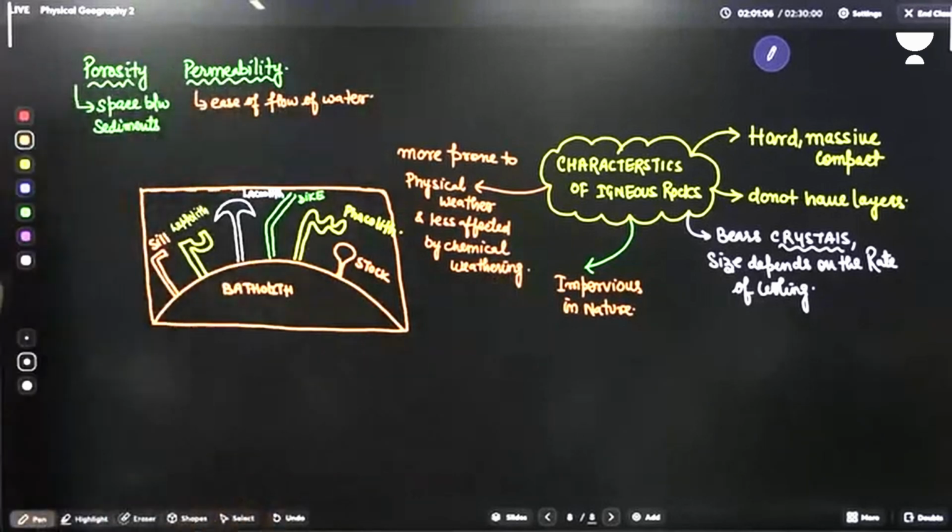So if anyone asks you, igneous rocks are not at all affected by chemical weathering, is that statement correct? No. They are affected by chemical weathering, but the rate of chemical weathering will be less. They are generally affected by physical weathering. Shall I move to the next part?